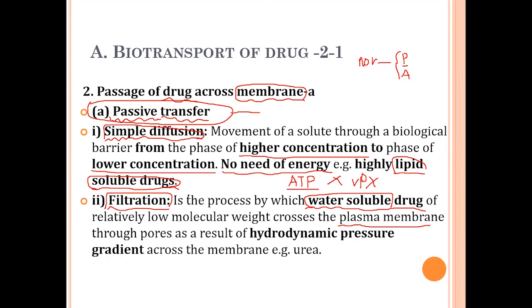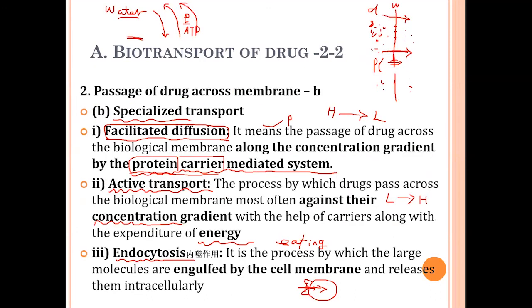But if the drug is sometimes bigger, it needs a protein to carry it or protein channels, but still from the high concentrated part to the low concentrated part. We call that way facilitated diffusion.